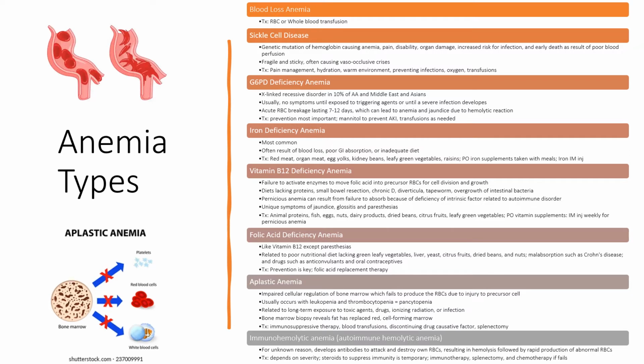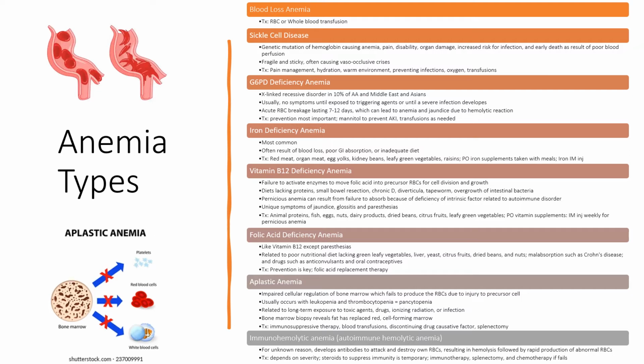Now, vitamin B12 deficiency. This is a failure to activate the enzymes to move the folic acid into the precursor red blood cell in order for cell division and growth to occur. So it needs folic acid to do vitamin B12.